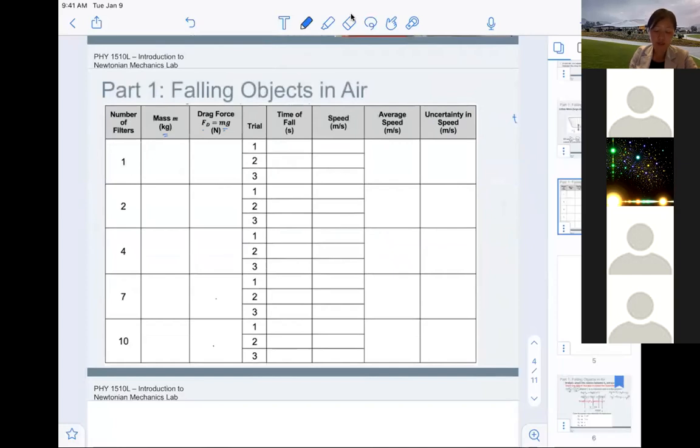And that is easy. You simply put your coffee filters on the scale and you can read its mass. The data will only give you the mass when you have 10 coffee filters on the scale. Measuring 1 is not as accurate because it's very light. So we measure 10 instead, and you can figure out what 1 will be, what 2 will be, what 4 or 7 will be.